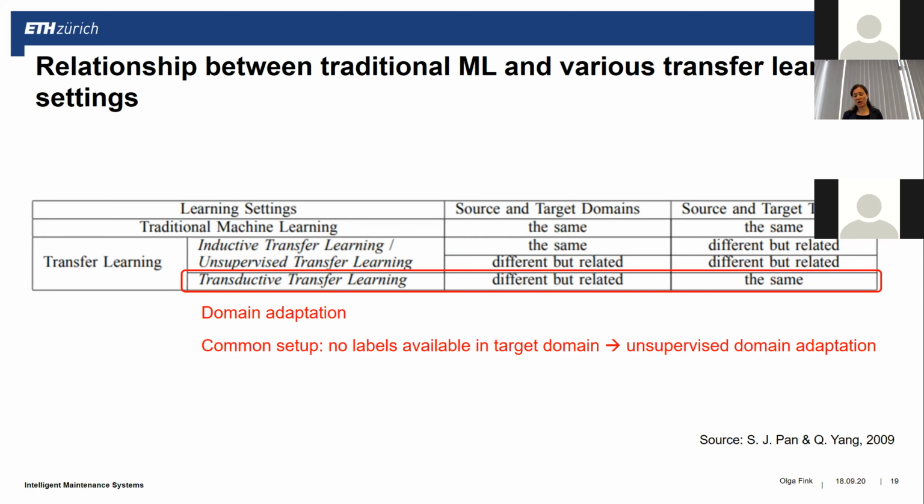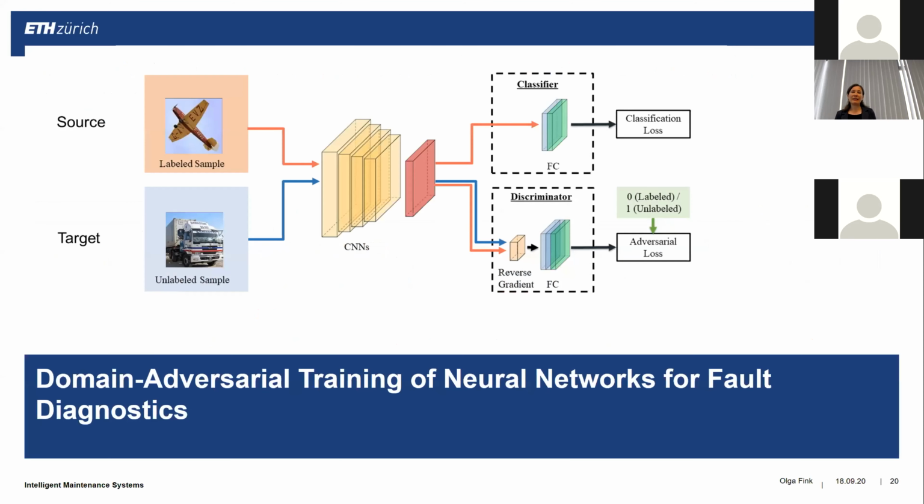And one of the best performing algorithms in domain adaptation has been the adversarial domain training neural networks. And I wanted to take a look with you at that with fault diagnostics. So what we have normally, if we have a source data set and we have a trained classifier, it worked quite well.